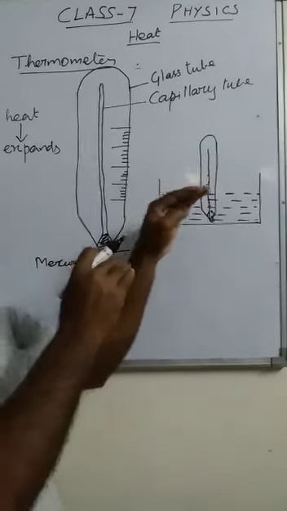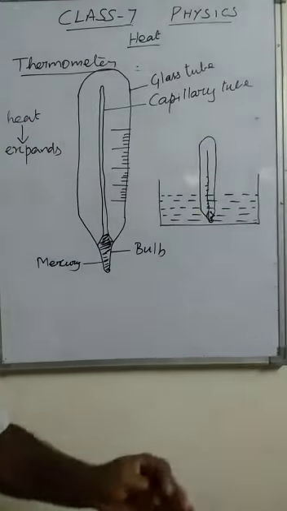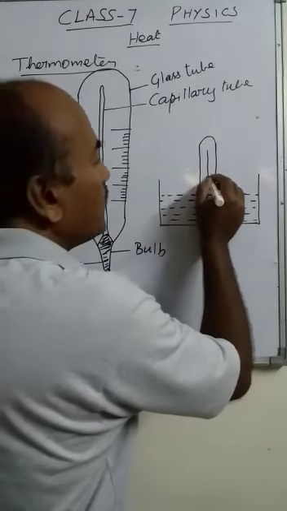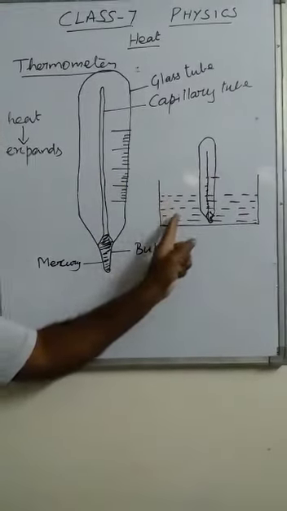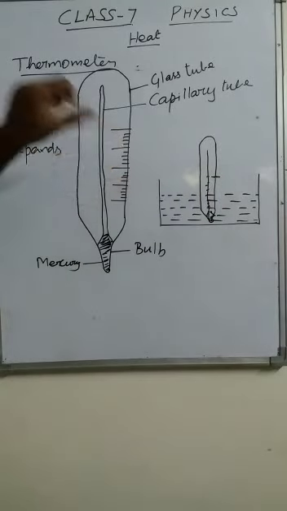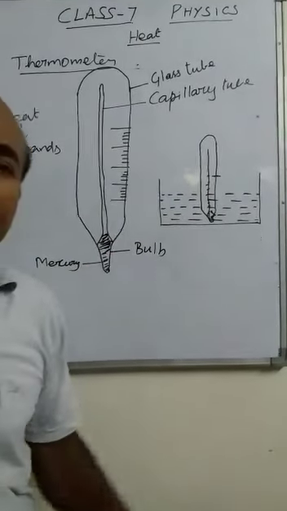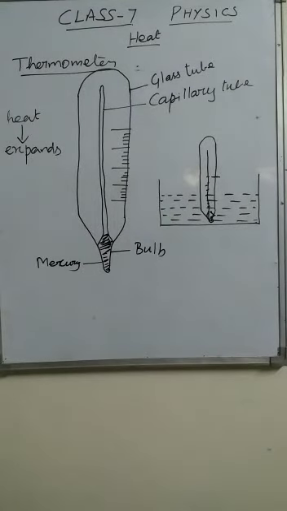When both temperatures become equal, the rise of mercury stops. At that level, whatever value is written on the glass tube, that is the temperature of this water. This is how the thermometer is used to measure the temperature of anything. This is the basic method.